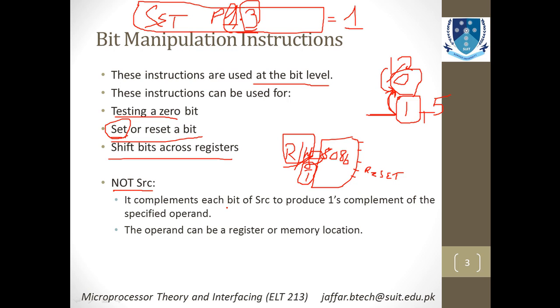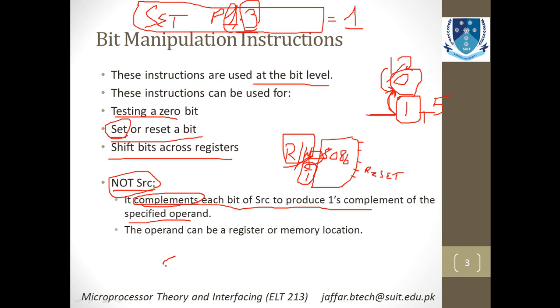It complements, you know what a complement is, it toggles each bit of the source and produces the one's complement of that specified operand. So you are inverting the source input, taking the complement of each bit, and that is how you can enable any pin.